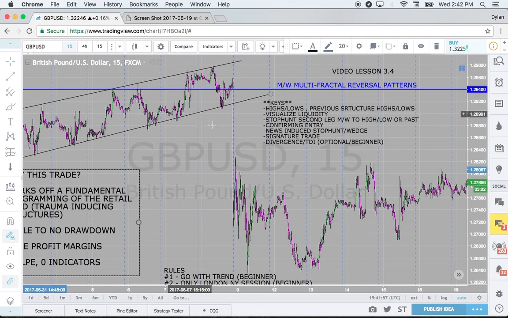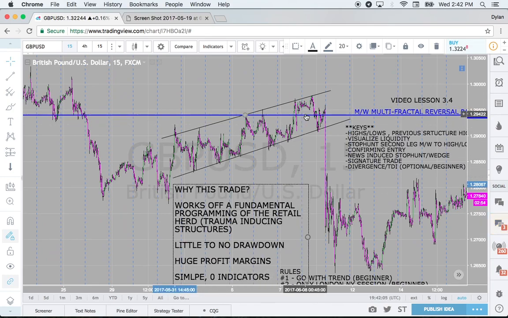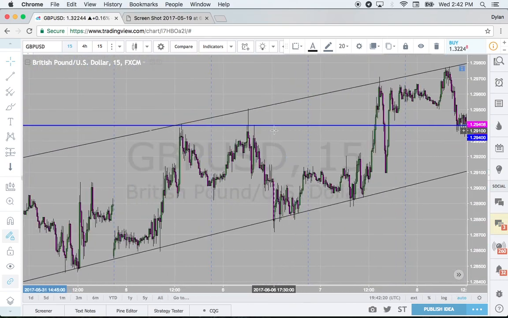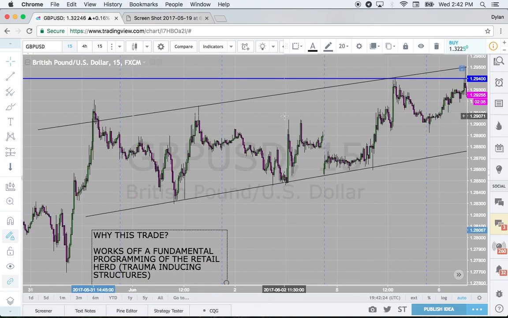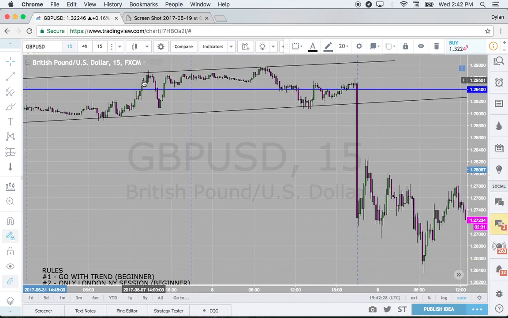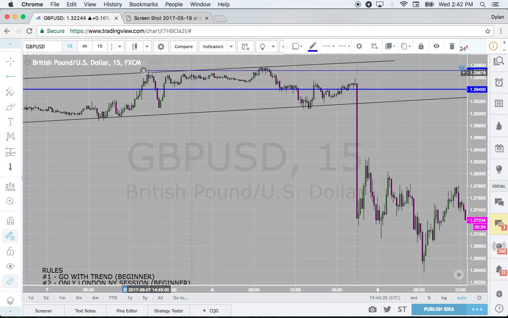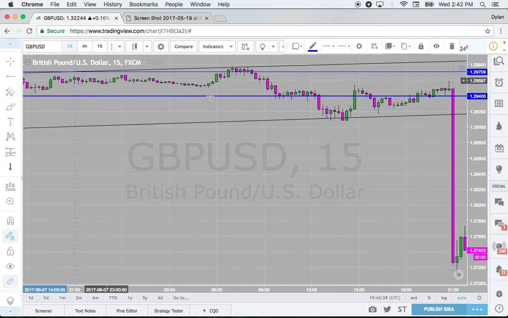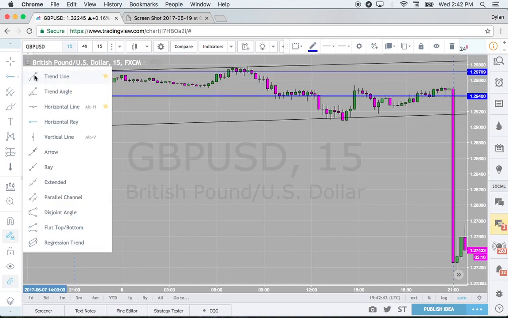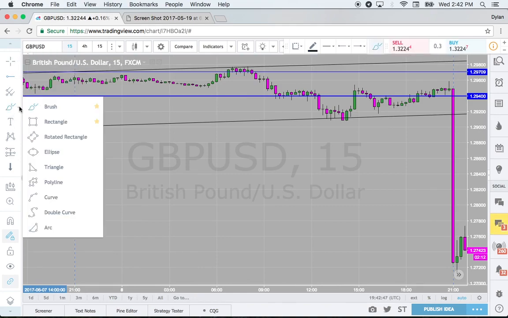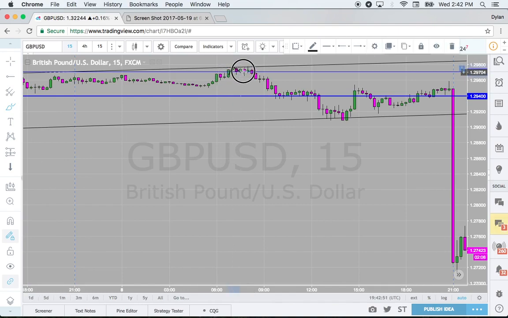Once you confirm your high or your low and you're going with the trend, well, it really doesn't matter if you're going with the trend or against the trend, if you catch the high or the low and you actually catch the trade, for example, right here, you could have identified GBP USD created this high and placed limit orders here, and on a smaller time frame, on a 1 minute chart, we're not going to go down to the 1 minute chart, but on a 1 minute chart you'll see this is a small M formation right here.